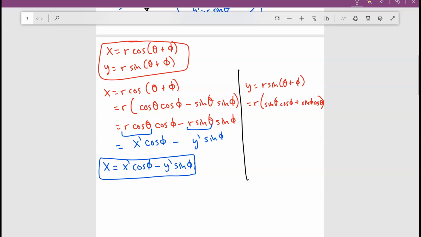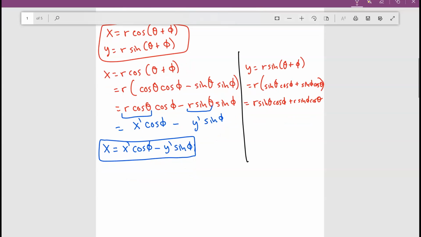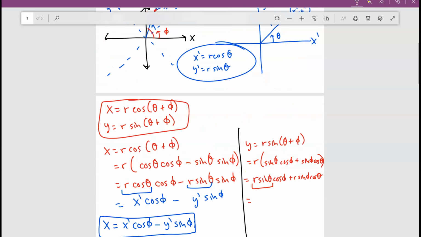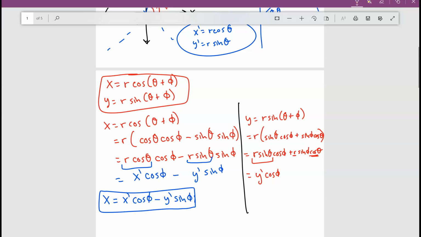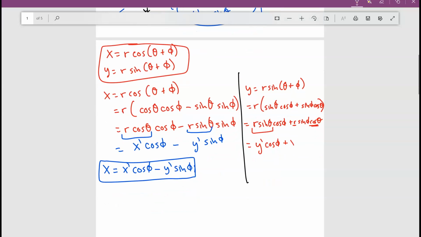Now I'm going to distribute this: r sine theta cosine phi plus r sine phi cosine theta. Again, you can see that r sine theta is just going to be y prime cosine phi. And here this r and this cosine theta is just x prime. So this is plus x prime sine phi.